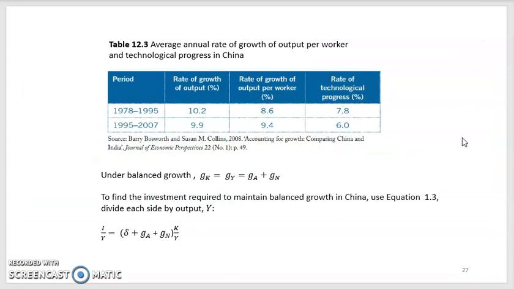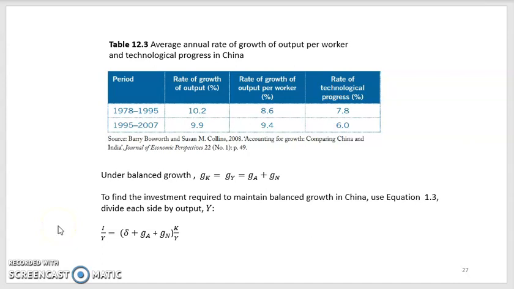If you may recall, in chapter 1 we looked specifically at the high rate of growth in China. So this raises again the same question as those we just discussed. That is, do these high growth rates of China reflect fast technological progress, or do they reflect unusually high capital accumulation?